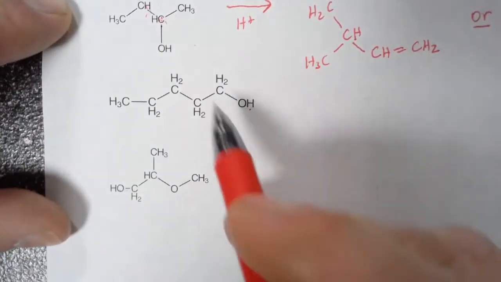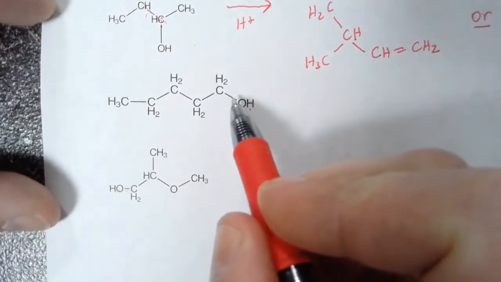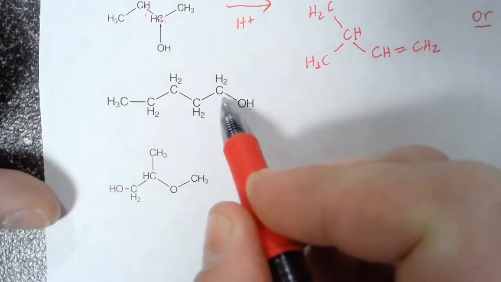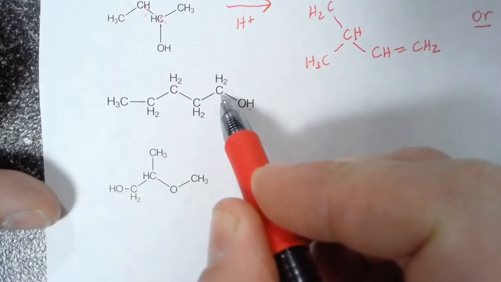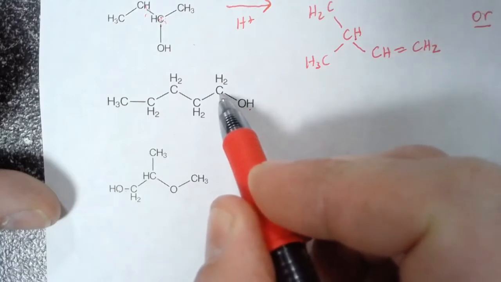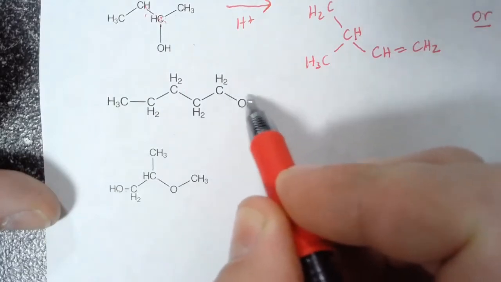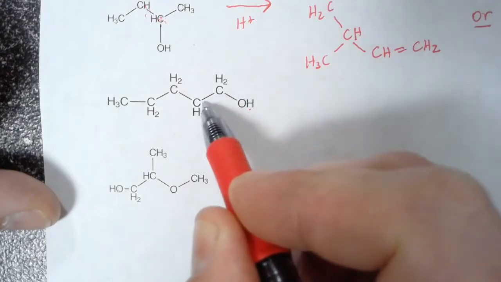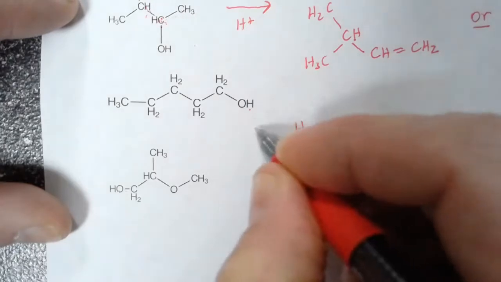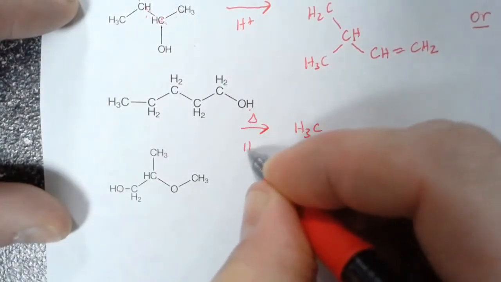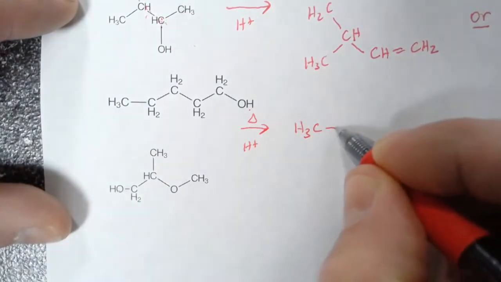All right. This one here, there's only one option. Notice how this OH is on the very end of this molecule. So the double bond can't be between this carbon and anything over here. There's nothing over here. It has to be between these 2 carbons. So that makes the job easy here.